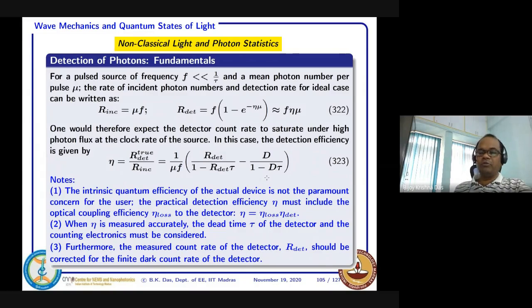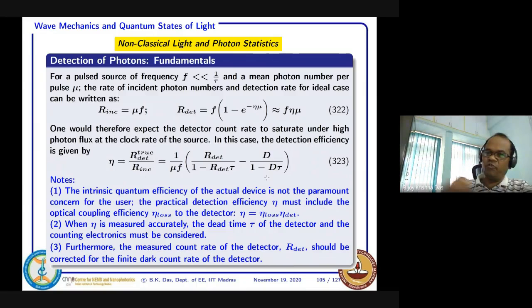Here a few notes you should consider, because whenever you are doing some experiment with a single photon detector, whatever eta we are calculating and showing here, it is actually that intrinsic quantum efficiency.